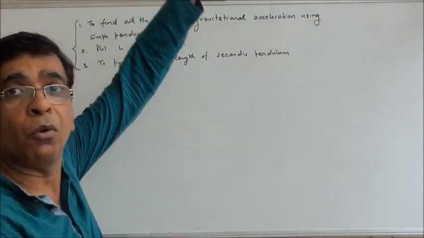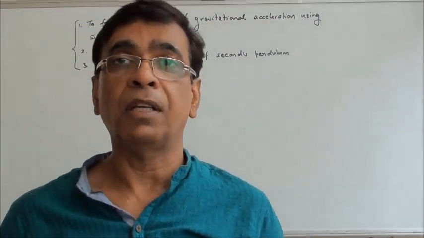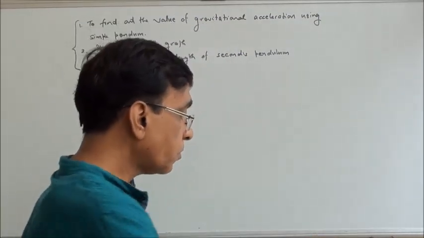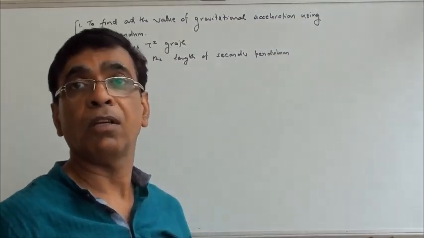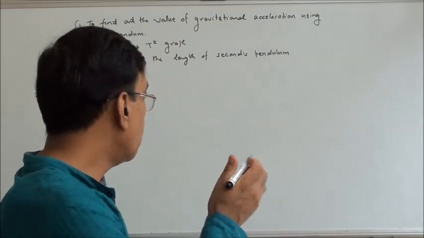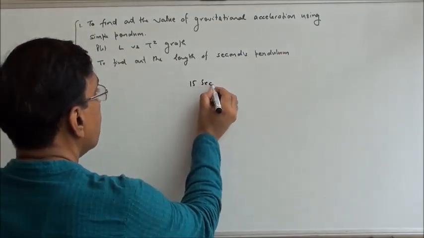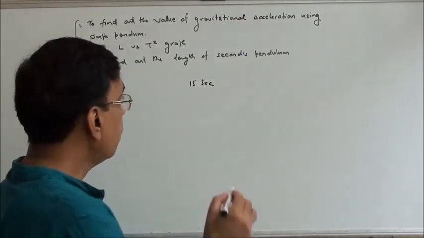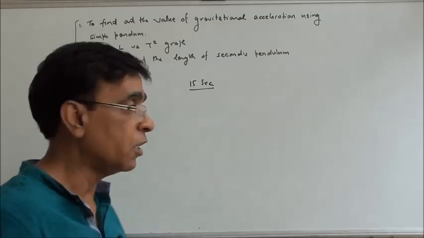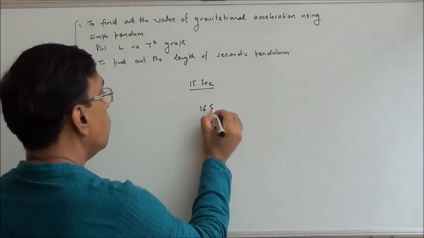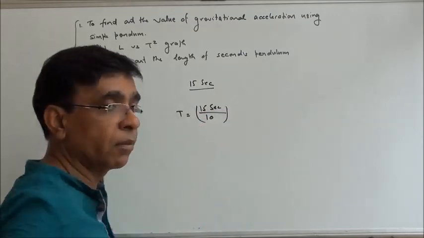This way you can note down the time taken to complete 10 oscillations minimum, and then you can find the time period. Time period is the time taken to complete one oscillation. So suppose for 10 oscillations we get 15 seconds, then for one it will be the time taken divided by the number of oscillations. So if we have used 10 oscillations, then this will be the time period.